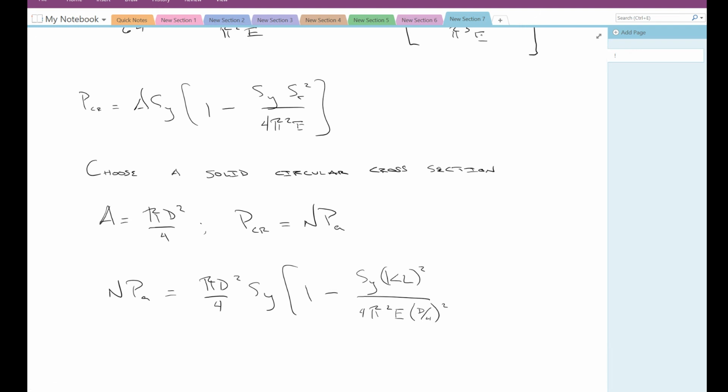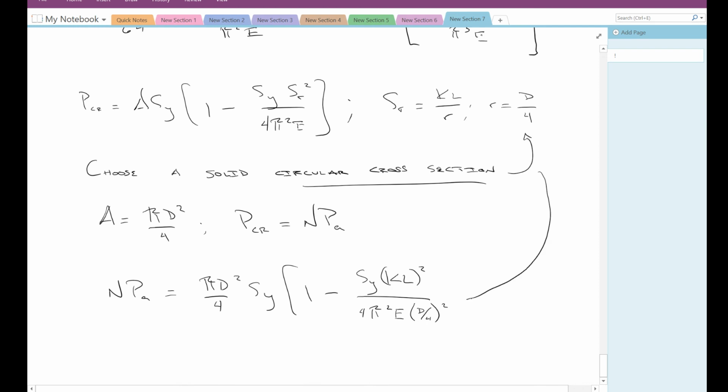slenderness ratio, okay? So I'll write that up here as soon as my pen starts working again. There it goes. Right, where our slenderness ratio is equal to KL over radius of gyration, right? In this case, our radius of gyration is equal to d over 4 for a circular cross section, right there. So that then plugs in down here.